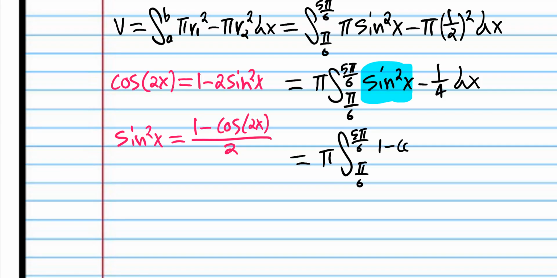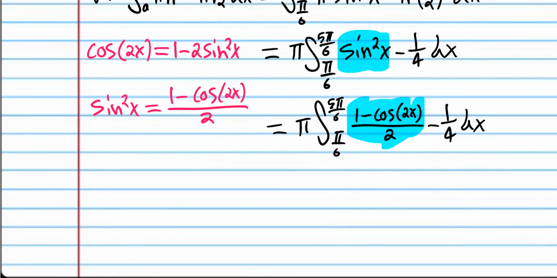So we get 1 minus cosine 2x over 2 minus 1/4. Now, to make things easier, I'm going to factor out 1/2. You don't have to factor out 1/2, but it makes it a lot easier to integrate.